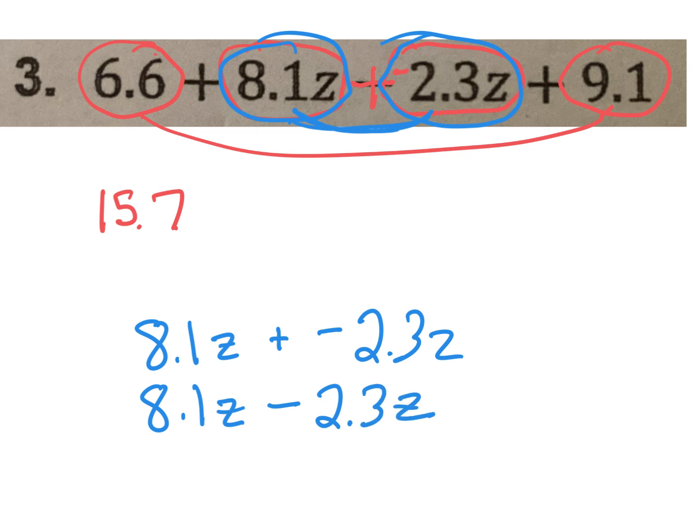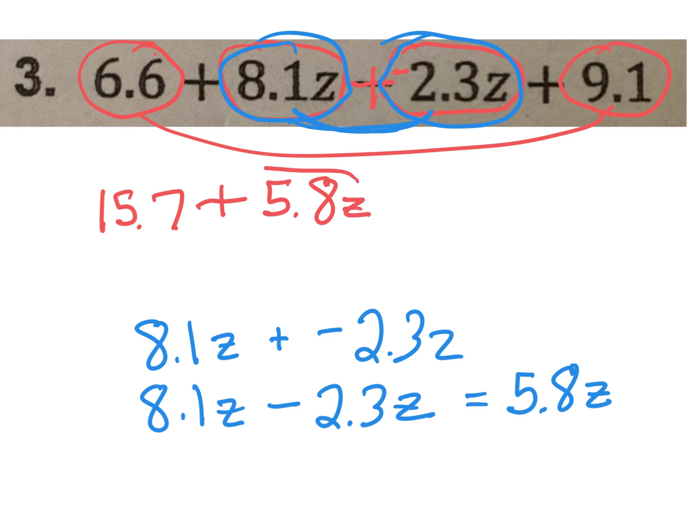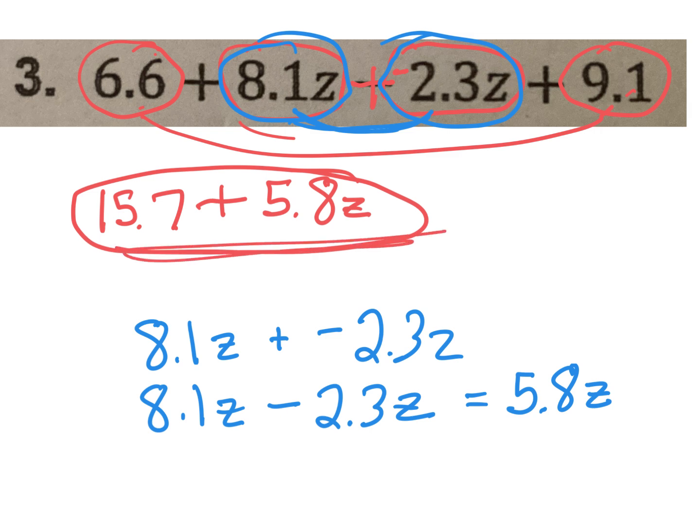So then you just take 8.1 minus 2.3, and when you do that, you get 5.8z. And I'm going to put that with the 15.7 plus 5.8z. And that's my answer. I got all my terms. I put the two constants together, I put the two like terms that have a variable z together. And I can't go any simpler than this because this is a constant and this has a variable z.